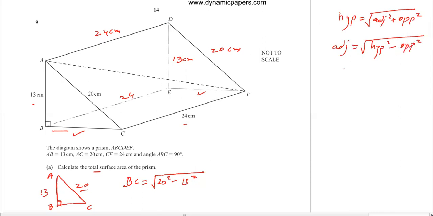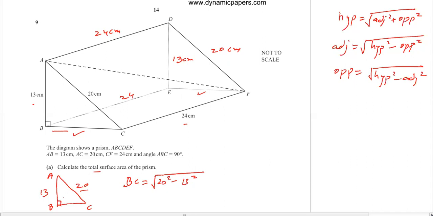In the Pythagoras theorem, if you have to find the hypotenuse, it will be adjacent square plus opposite square. But for any other side, for example the adjacent, it will be the hypotenuse square minus opposite square. Or if you have to find the opposite, it will be the square root of hypotenuse square minus adjacent square.